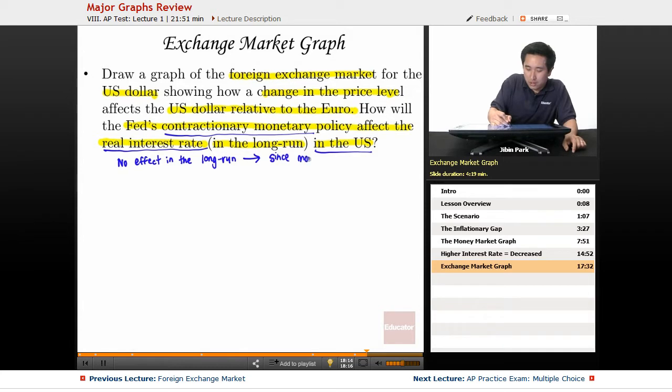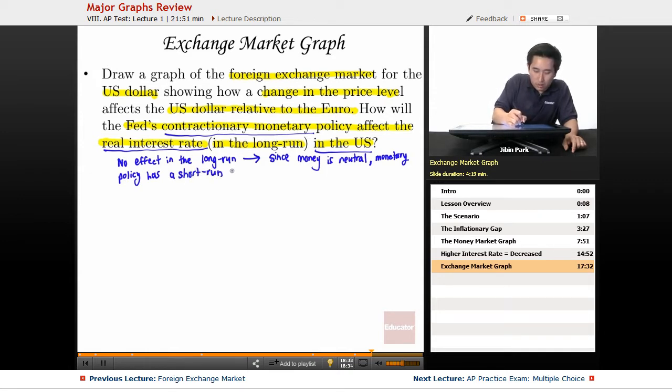So since money is neutral, monetary policy has a short run but not a long run impact.